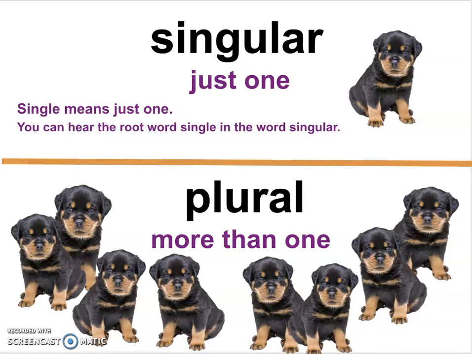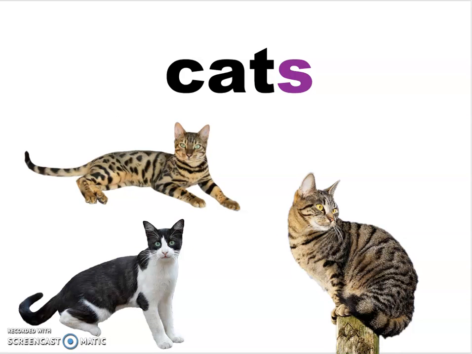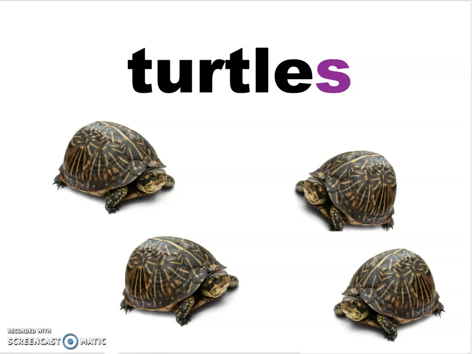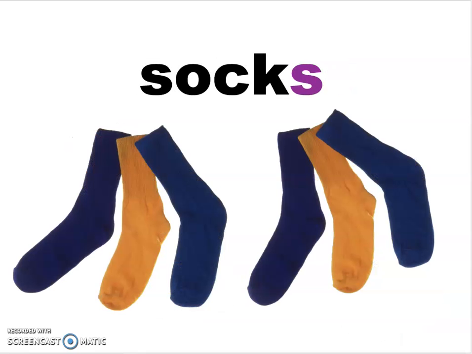For example, we might have the singular noun cat. When we make it plural, we change it to cats by adding an s. If I had the singular noun turtle, I would add an s to the end to make it plural. If my singular noun was the word sock, I would add an s to the end to make it plural, socks.